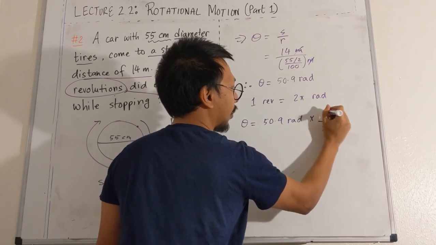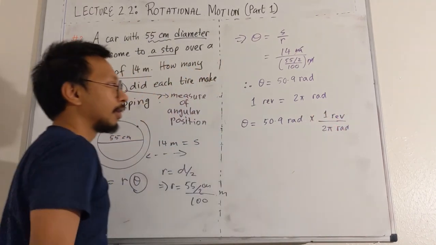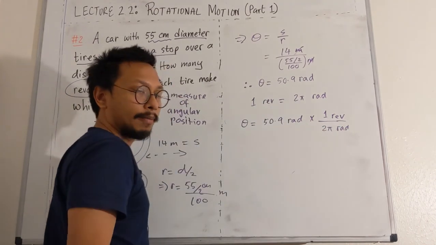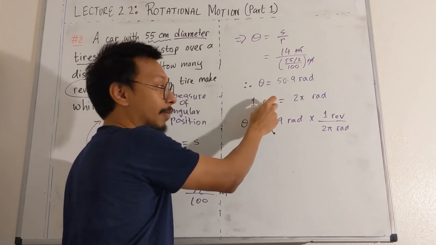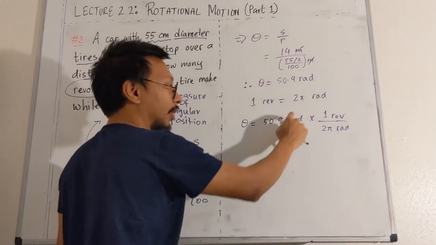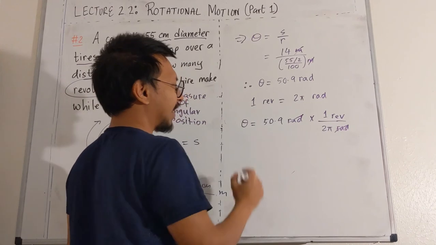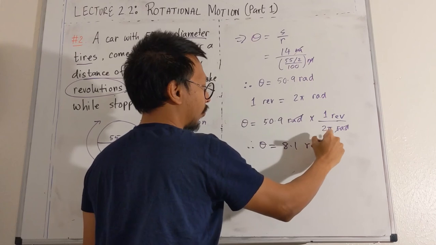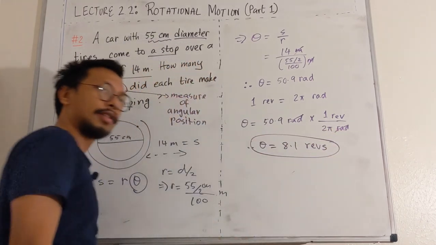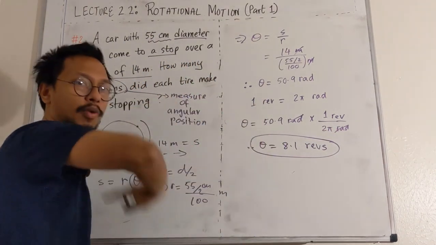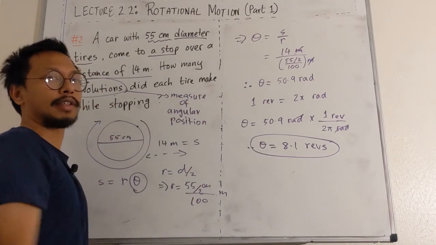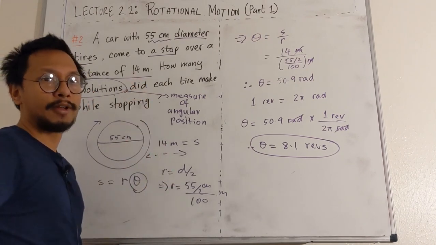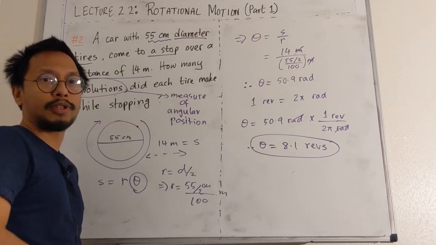We are basically dividing radians by 2 pi because a revolution is a bigger measure than a radian. The radians cancel, and this comes out to be around 8.1 revolutions. So it takes the tires 8.1 revolutions around the fixed axis of rotation to come to a stop over a distance of 14 meters. I hope this topic of rotational motion makes sense.